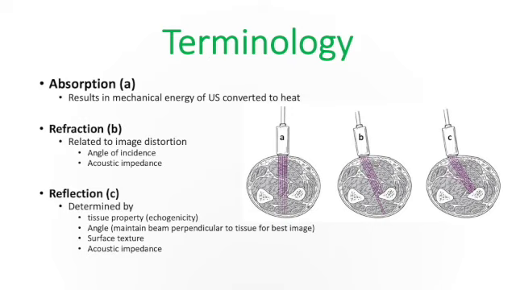And then reflection is what's going to happen when the ultrasound hits a very solid surface. That solid surface could be bone. That solid surface could be something like a piece of metal, like an ORIF. And we're going to see that we're not able to see anything past that.